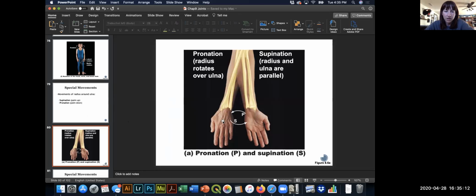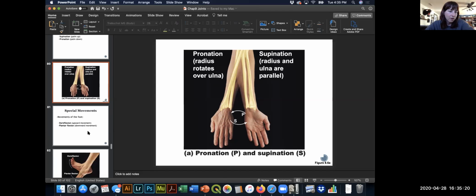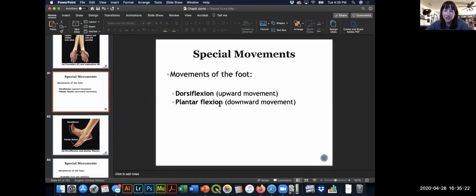Supination, pronation, okay? To supinate is to go from palm down to palm up, and to pronate is to go from palm up to palm down. Dorsiflexion and plantar flexion, right? So plantar flexion is pointing your toes, and dorsiflexion is the opposite.